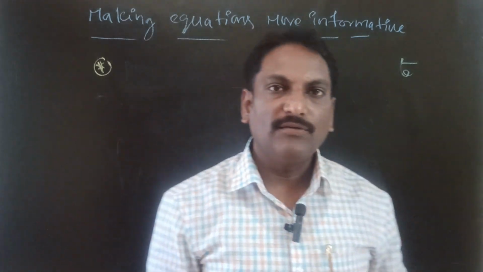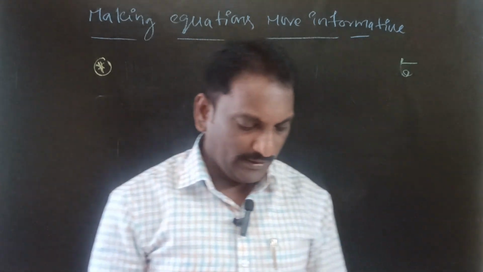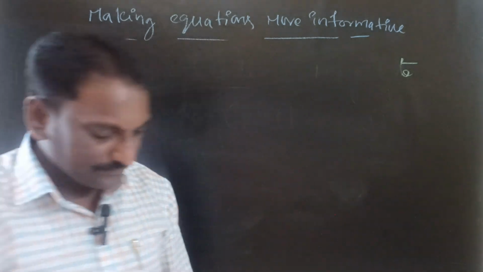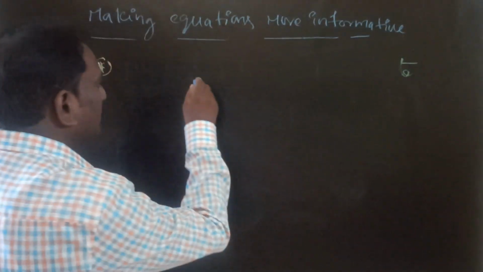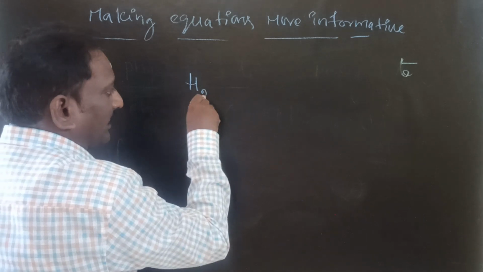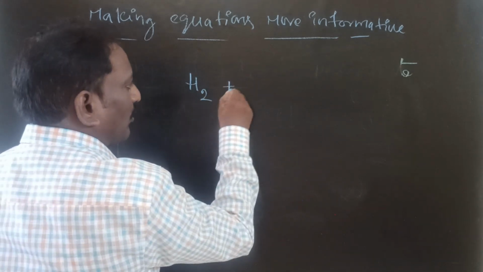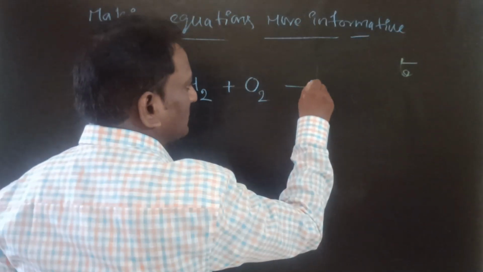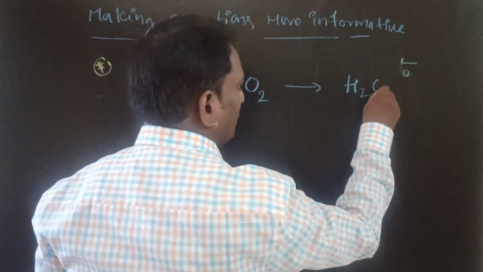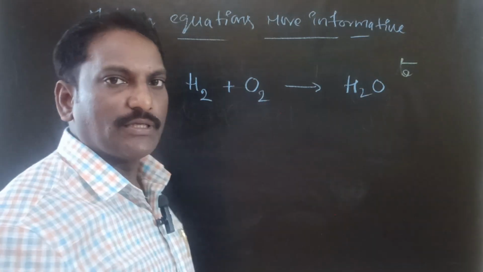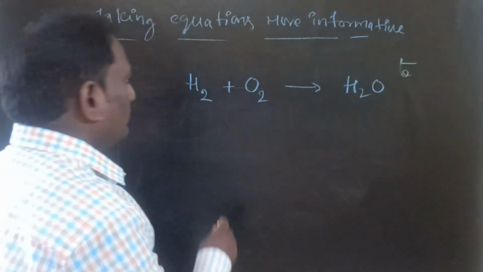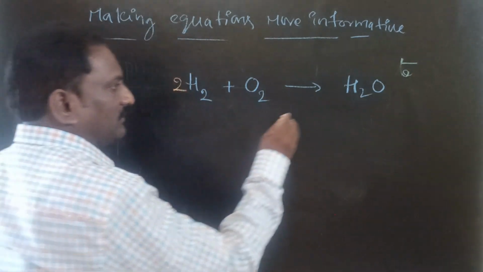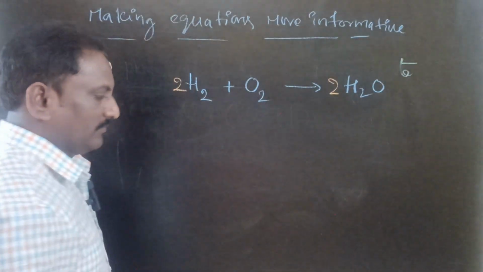Let us understand with the help of a few examples. For example, hydrogen reacts with oxygen to give water. You must know how to balance the equation. This one is a balanced equation.